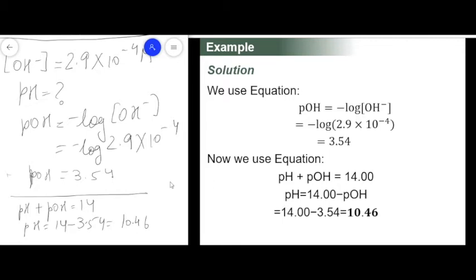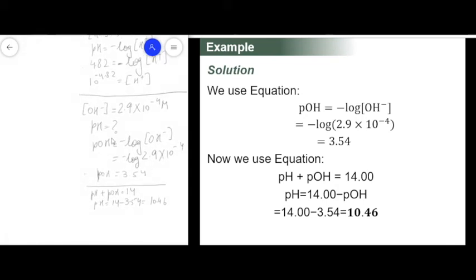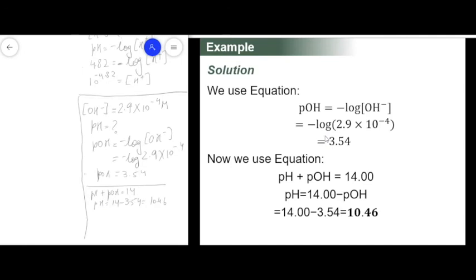Now there's another way, like I said; you could use another approach to solve for this question. So let's see what that other approach could be. I'm going to mark this and try to solve for the other alternative way.